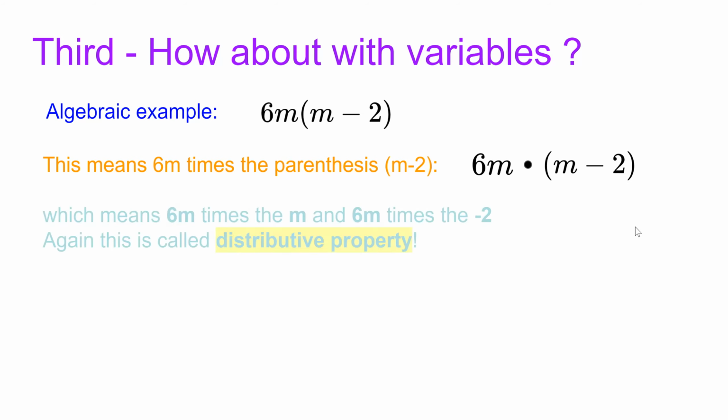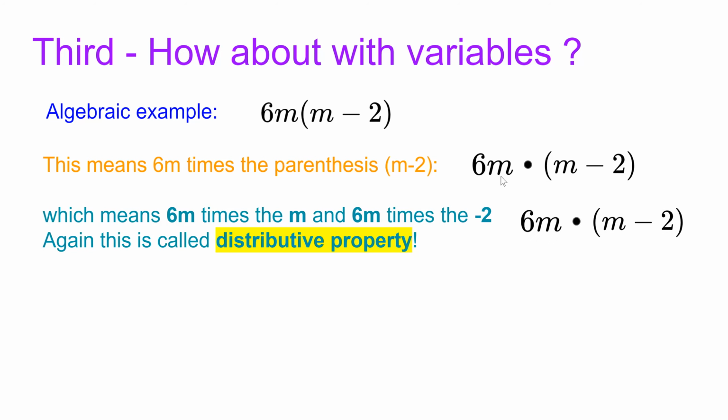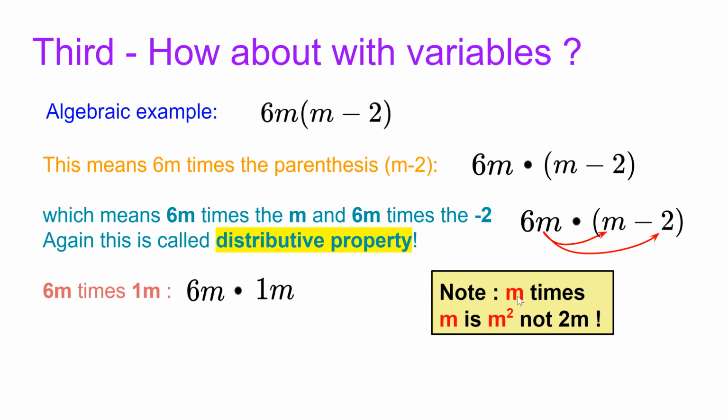So if you want to apply the multiplication, 6m times 1m, this would result in 6 times 1 equals 6, m times m. A letter times itself, think about it like a square. You have a square of m by m. The area for this square is m squared, not 2m. So 6 times 1 is 6, m times m is m squared.